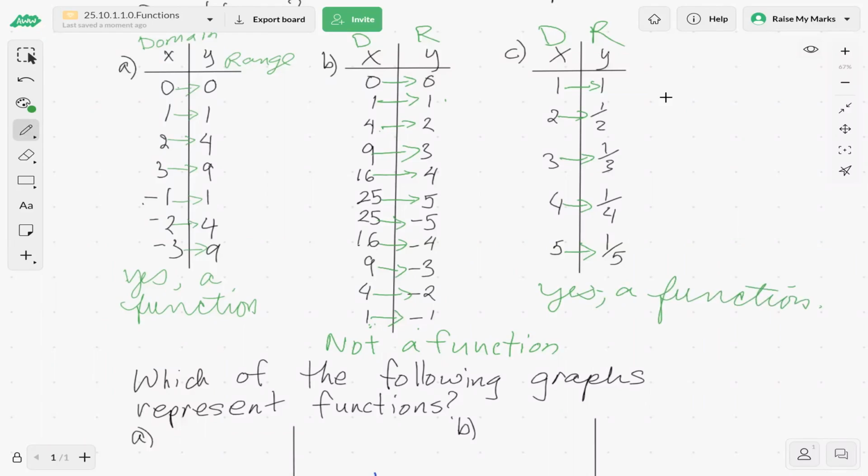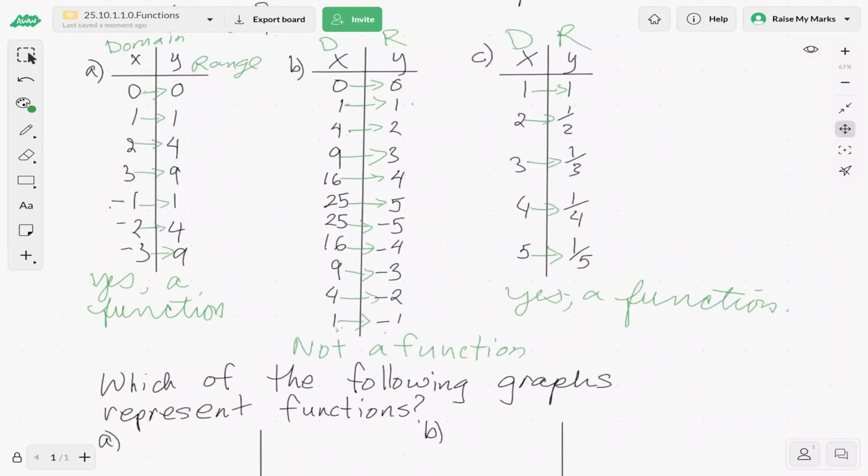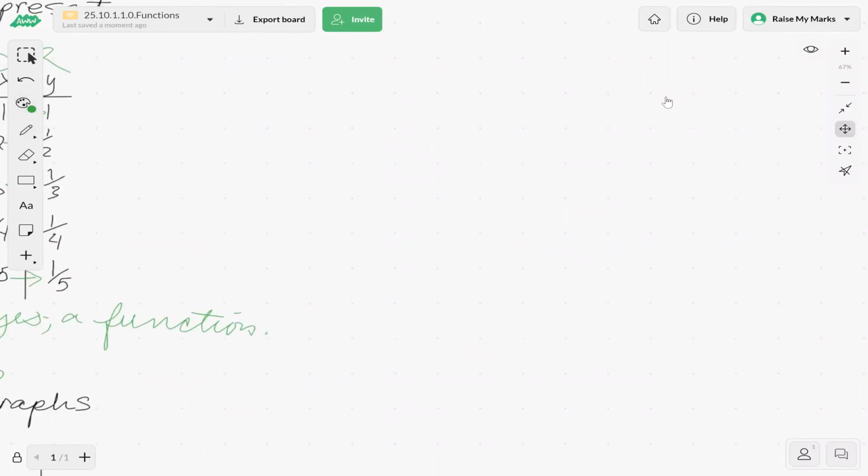That's a nice way of stating a function. Why don't we write that down over here?